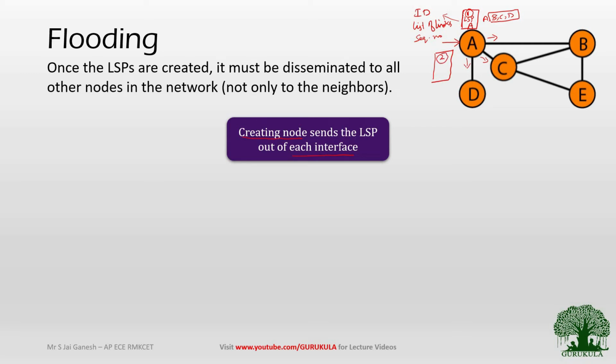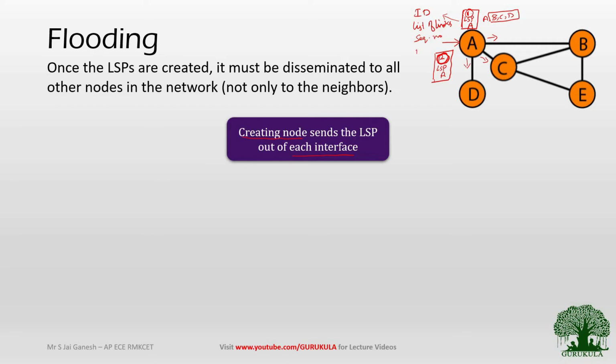So this sequence number will help us to identify which one is the new LSP and which one is the old LSP. This is again the LSP created by A after some modification on the network. So this sequence number will help us to identify whether this is a new one or the old one.